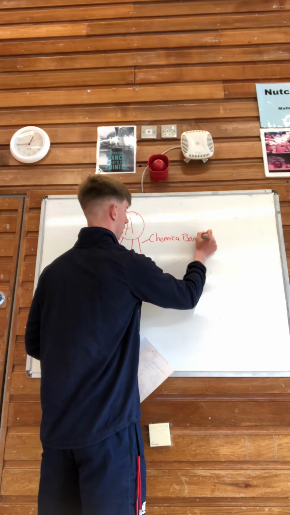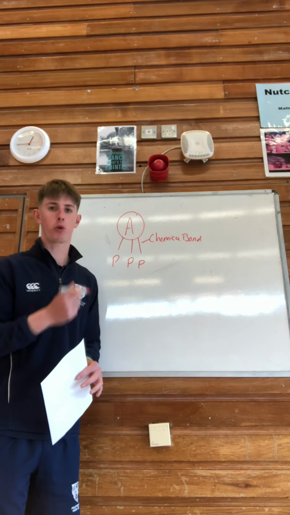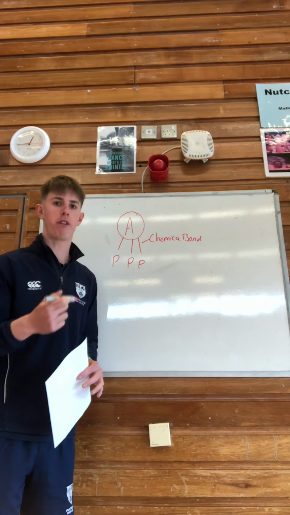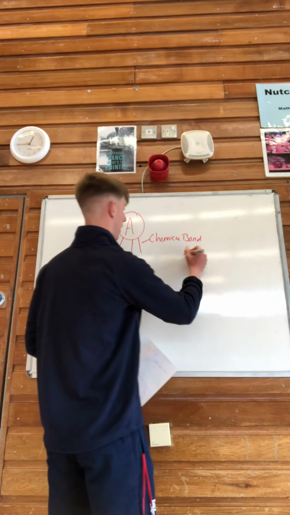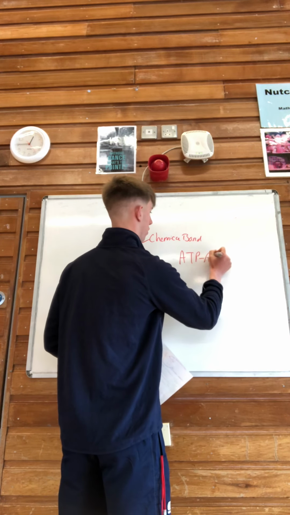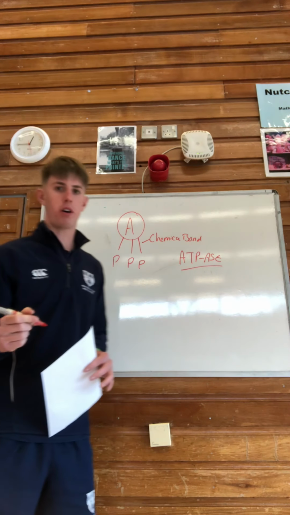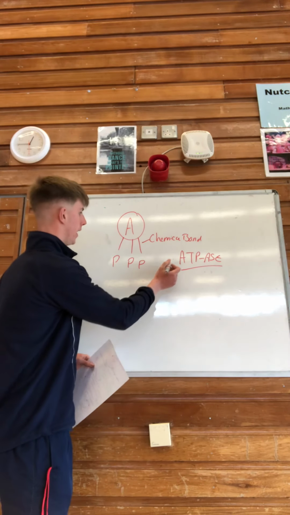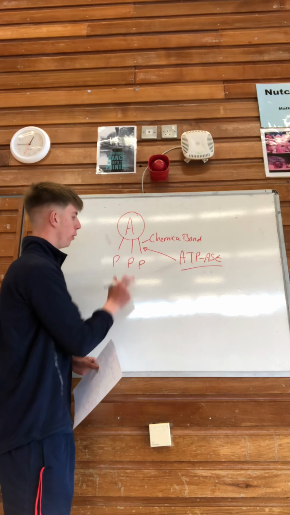chemical bonds. And what happens is, we need to break off one of these chemical bonds in order to generate energy. And the way that works is, there is an enzyme, and this enzyme is called ATPase. And the purpose of this enzyme is to break off one of these chemical bonds.